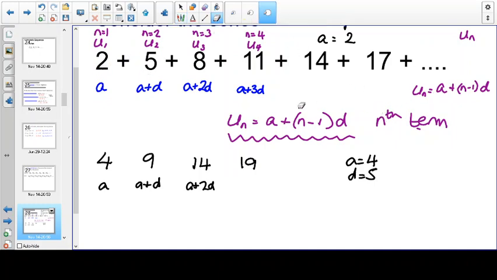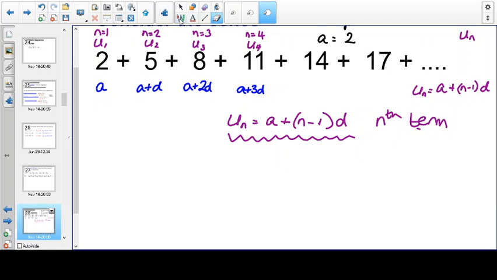now find a general nth term for any series. Okay, and you can still use this now.